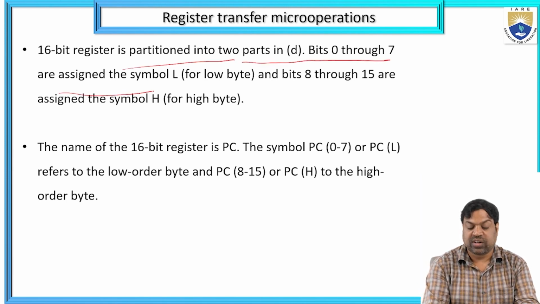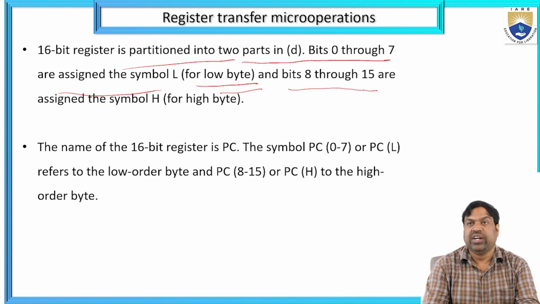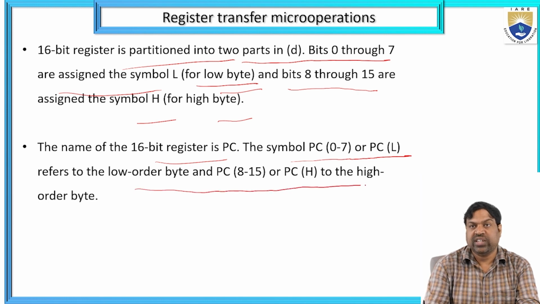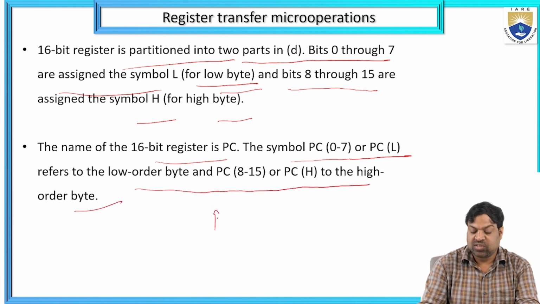Bits 0 to 7 have the symbol L, meaning lower byte or lower order. 8 to 15 have the symbol H, meaning high byte. The name of the 16-bit register is PC, the symbol PC. 0 to 7 is the L, the lower order byte, and 8 to 15 is the H, the higher byte. So PC of H and PC of L means 0 to 7, 8 to 15.